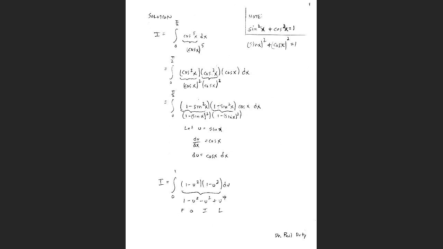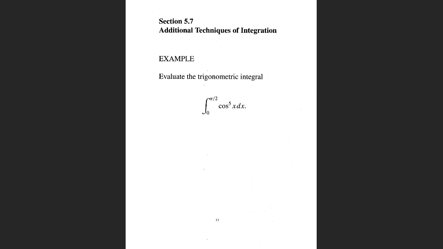Yes, Susanna? Hi, I'm wondering why we couldn't use u substitution, cosine x being u, and then take the integral of u to the fifth. It's a good question. If you were to let u equal the cosine of x, then you'd have u to the fifth power here, for sure.